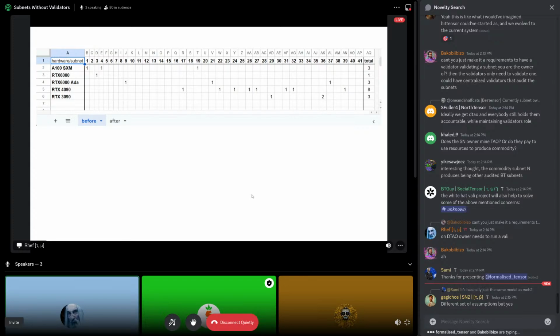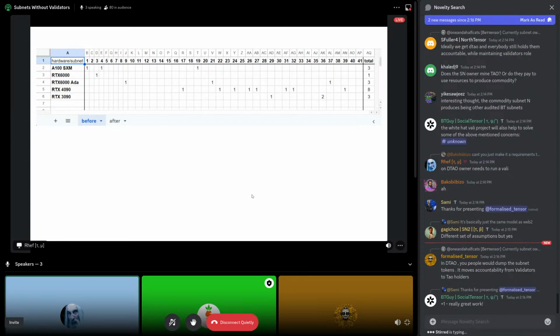to run every subnet. If we had a new subnet today that wouldn't have any weights, but would require an 80 gig card, which costs thousands of dollars per month, it might have a problem attracting validators. And if it doesn't have validators, it might have a problem attracting weights.